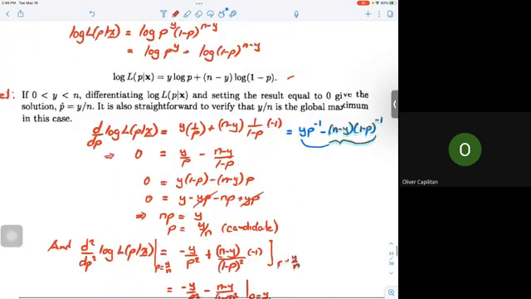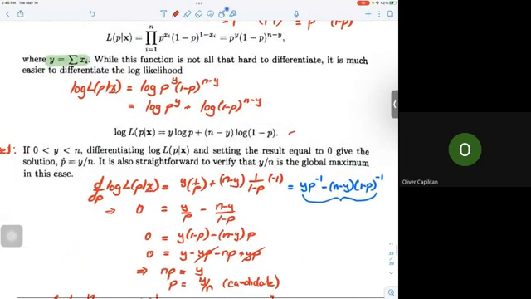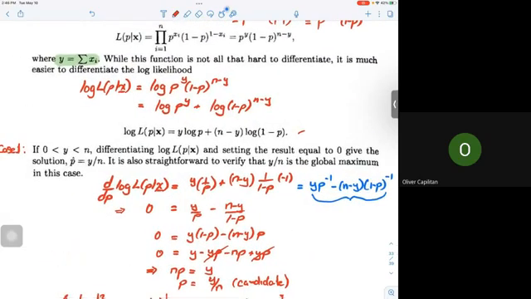Okay? Ito naman yung ating log likelihood function. So, itong part na to, if p approaches 0, the log of 0, negative infinity. And then log of 1, that is 0. So in this case, this is 0.